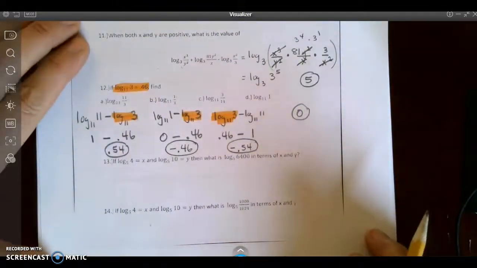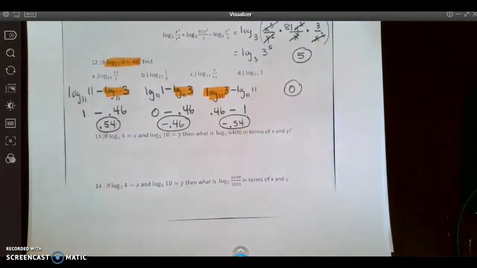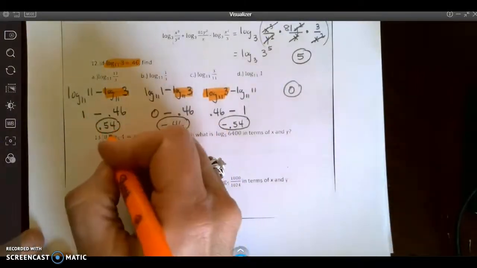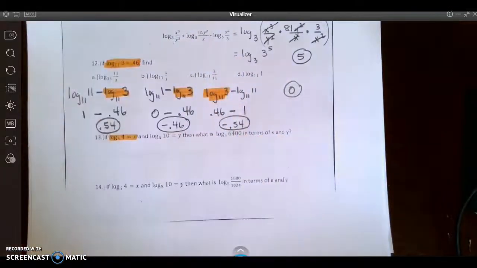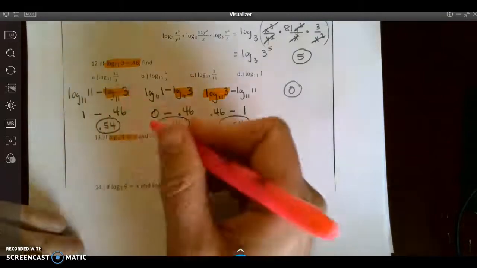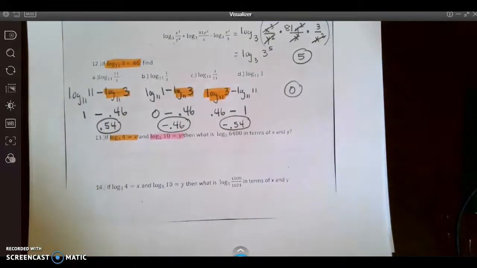All right, let's go on to number 13. In number 13, I'm told that the log base 5 of 4 is x, and the log base 5 of 10 is y. Then what is the log base 5 of 6,400 in terms of x and y?